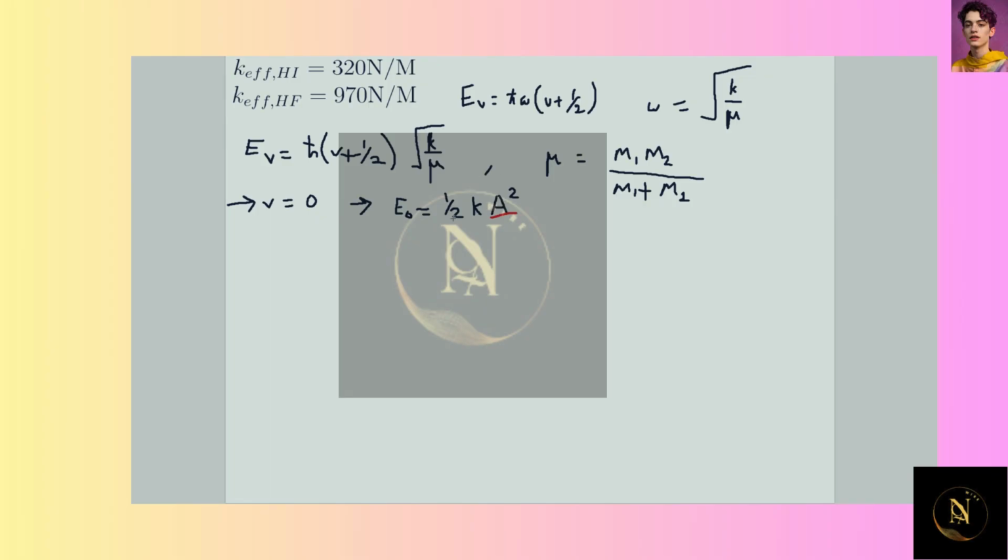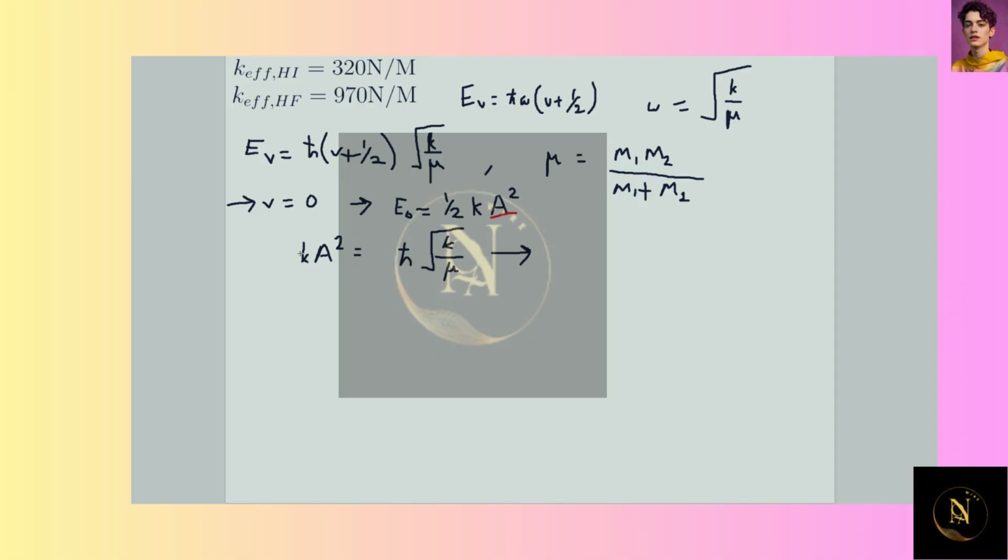So equating those two together and setting V equal to 0, we're left with a factor of a half on each side, so we can cancel those. That leaves us with this expression, and of course we can then solve for A.